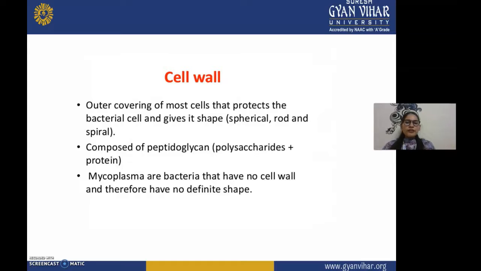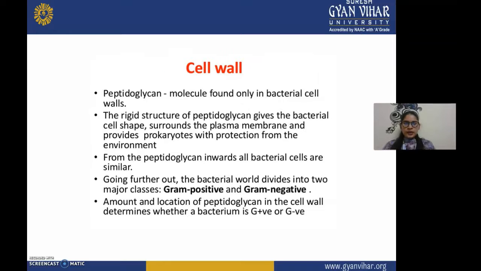Now, the outer covering of most cells protects the bacterial cell and gives it shape, including spherical shape, rod shape, and spiral shape. So they are composed of peptidoglycan, polysaccharides plus protein. So mycoplasmas are bacteria that have no cell wall and therefore they have no definite shape.